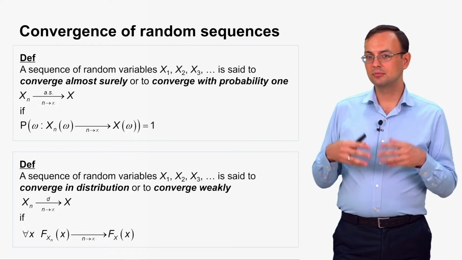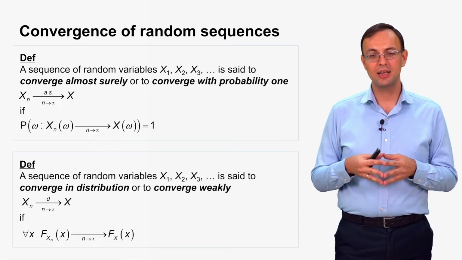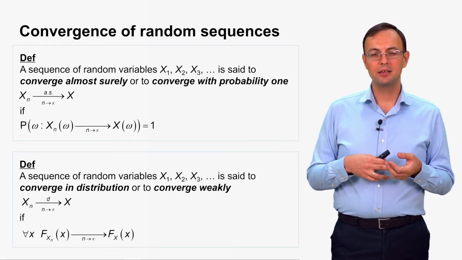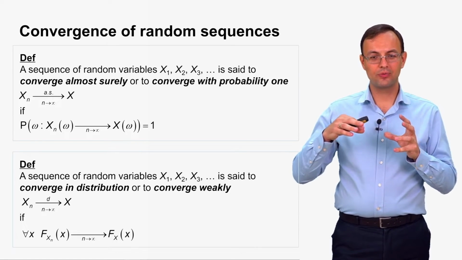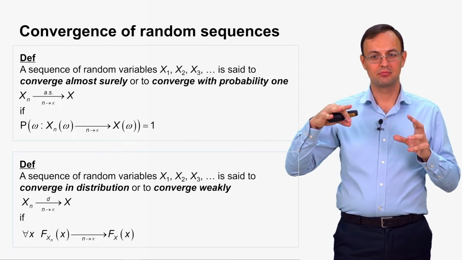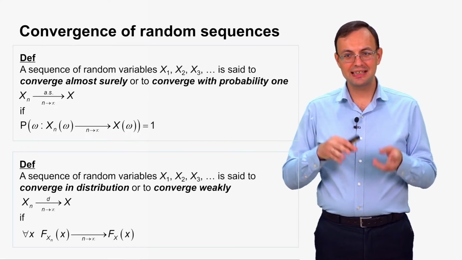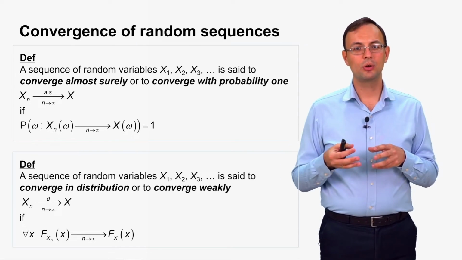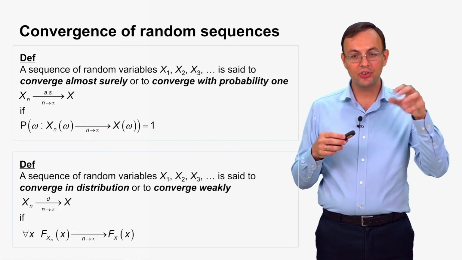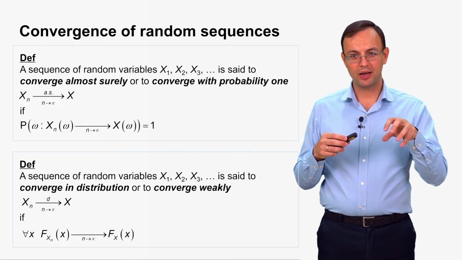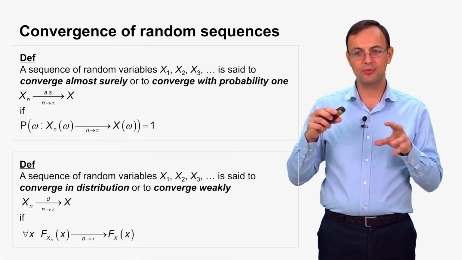So we have convergence in distribution if, for any x, the sequence of CDFs of the elements of our sequence converges to the CDF of the limit. F_{X_n}(x) is the CDF of the nth element of the sequence, and F_X(x) is the CDF of the limit.